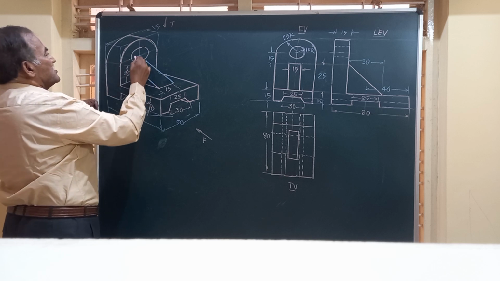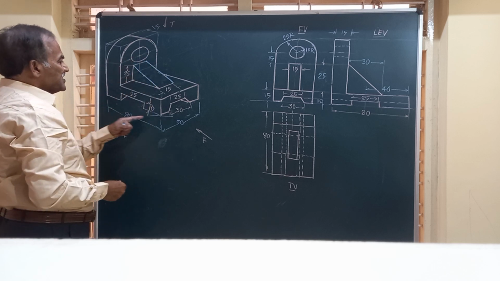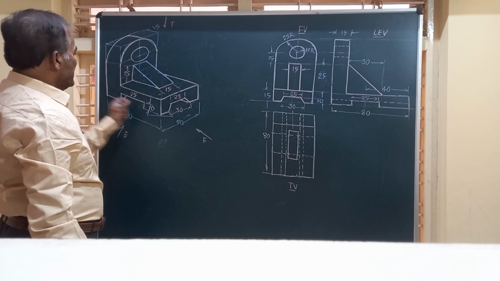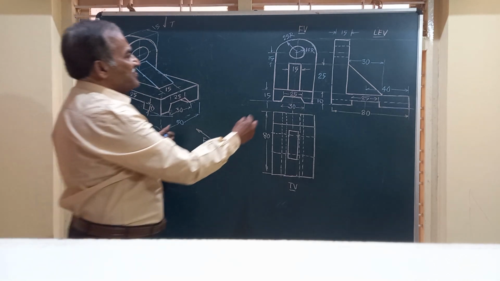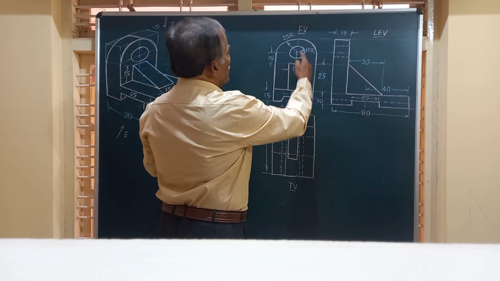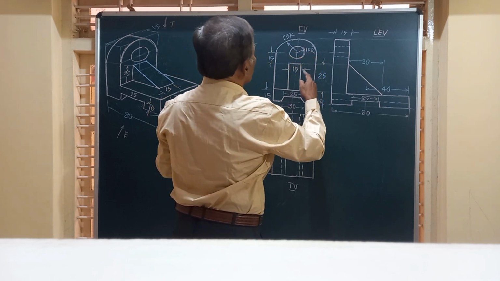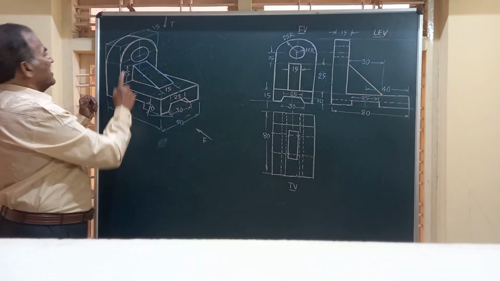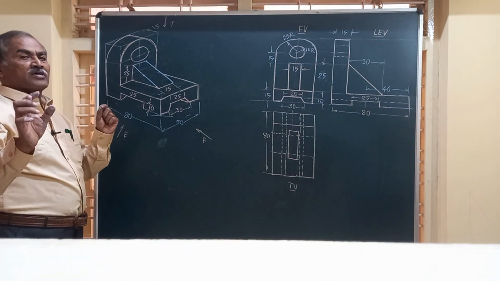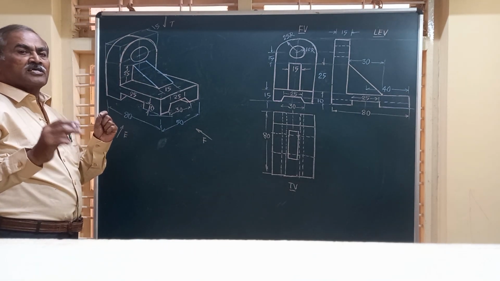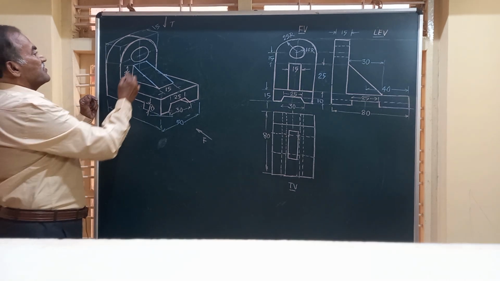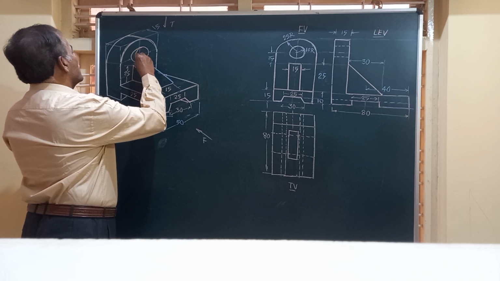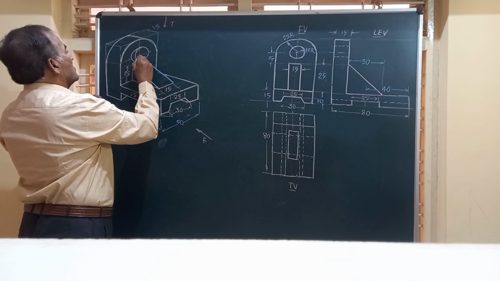And friends, here you can see there is a slot. What is the thickness of the slot, friends? The thickness of this is 15 mm, all 15 you can see. Whereas the hole has a diameter of 10 mm, that becomes 20. So very obviously what happens here, whenever the diameter is more than the thickness, friends, you are going to have one more small portion like this hole.